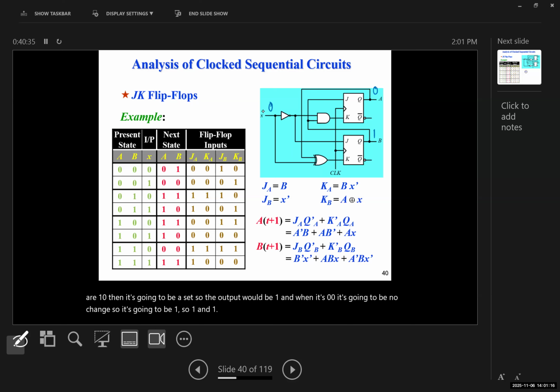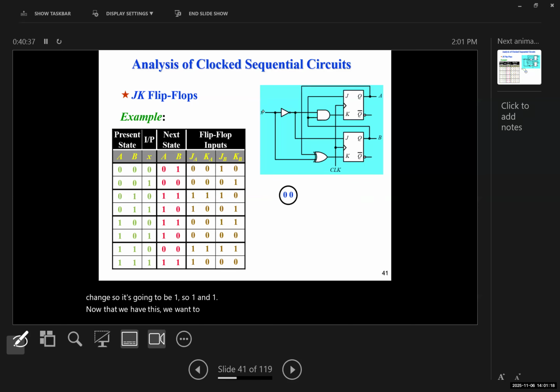Now that we have this, we want to draw its state diagram. And for that, what is our current state? It's 0, 0. And what is the next state we want to go for? Let's say we're going from 0, 0 to 0, 0.